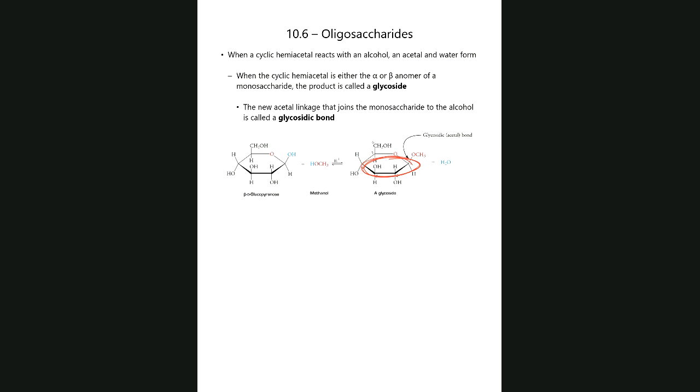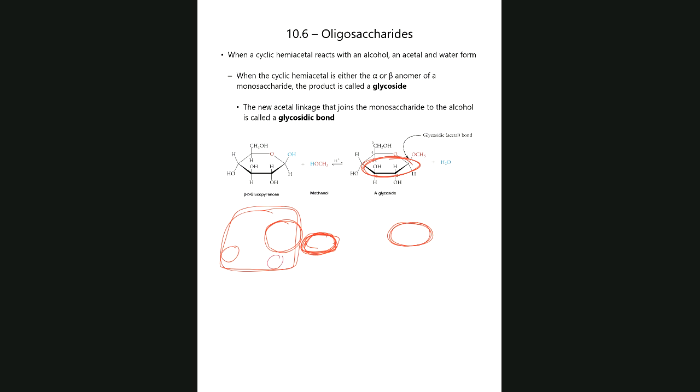This is just a simple alcohol reacting with a sugar, right? But at the molecular level, if you really zoom into this, it's the hemiacetal that's reacting with another alcohol to then form the acetal linkage.